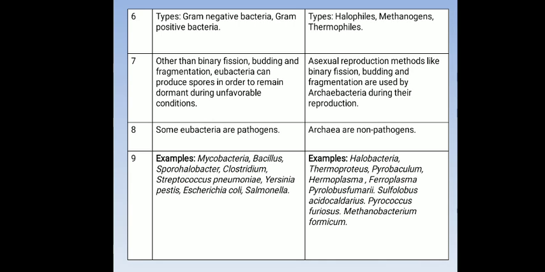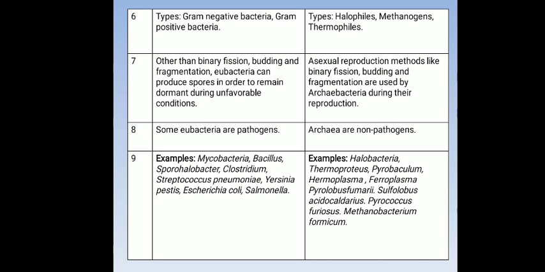Reproduction in eubacteria takes place by binary fission, budding, and fragmentation, and they have the ability to produce spores. In archaebacteria, asexual reproduction takes place by binary fission, budding, and fragmentation. Eubacteria are pathogenic. On the other hand, archaea or archaebacteria are non-pathogenic.